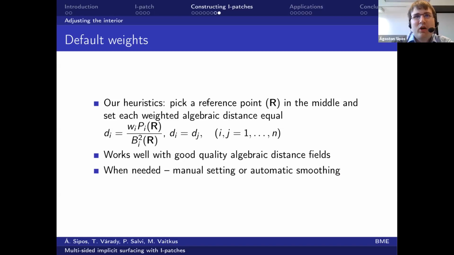So what we did is that we use these heuristics first to acquire an initial parameter setting, and then we triangulated the patch and used an optimization based on some curvature based target function.